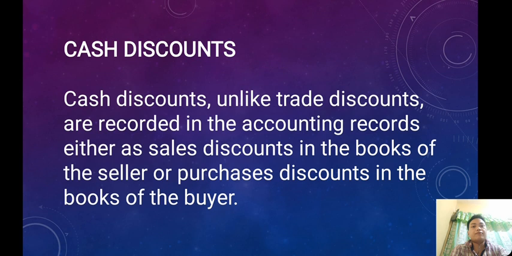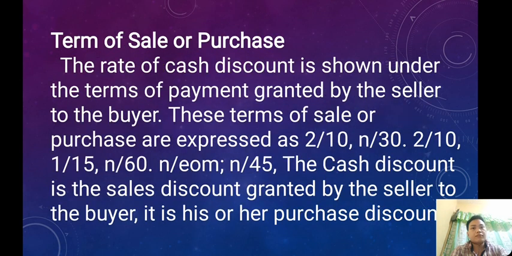Next, we have cash discounts. Cash discounts, unlike trade discounts, are recorded in the accounting records, either as sales discounts in the books of the seller or purchase discounts in the books of the buyer. First, we have the terms of sale or purchase. The rate of cash discount is shown under the terms of payment granted by the seller to the buyer.